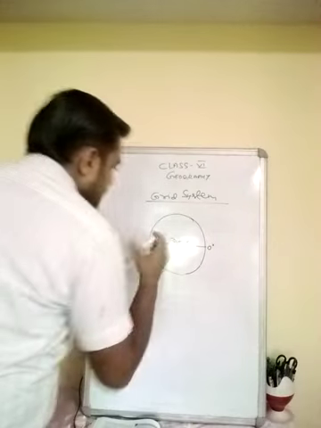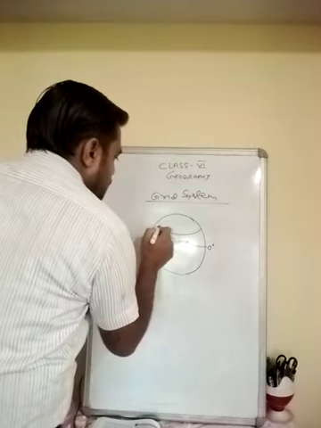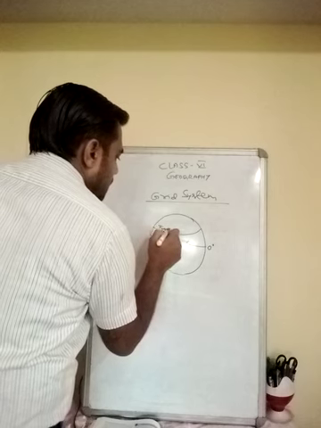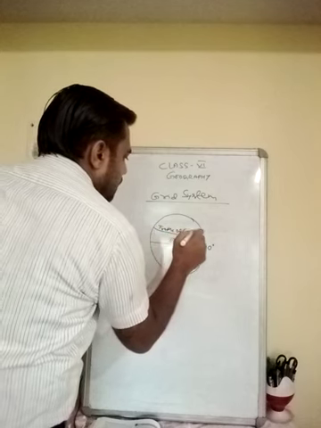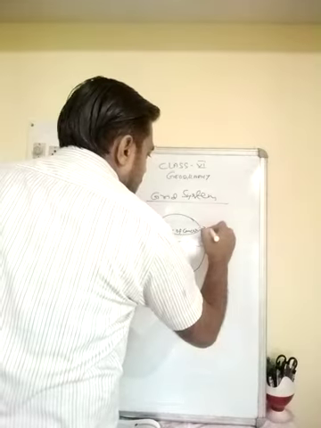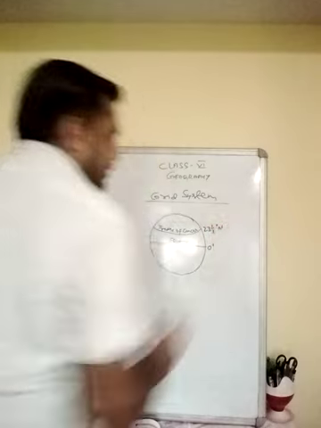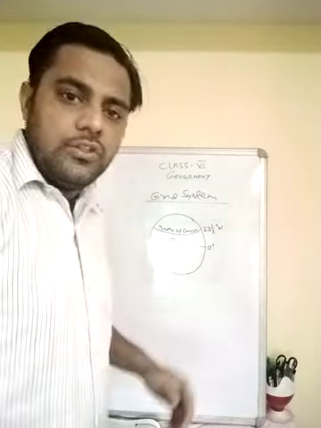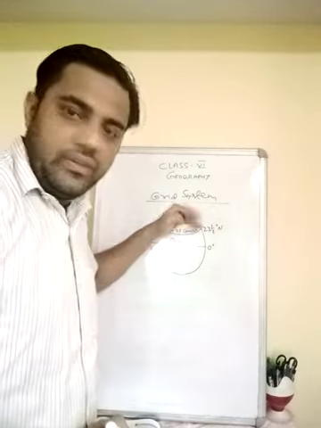Then you have another important line of latitude, Tropic of Cancer. Tropic of Cancer lies at 23.5 degree north. Why north? You can very well understand, because this is the northern hemisphere.